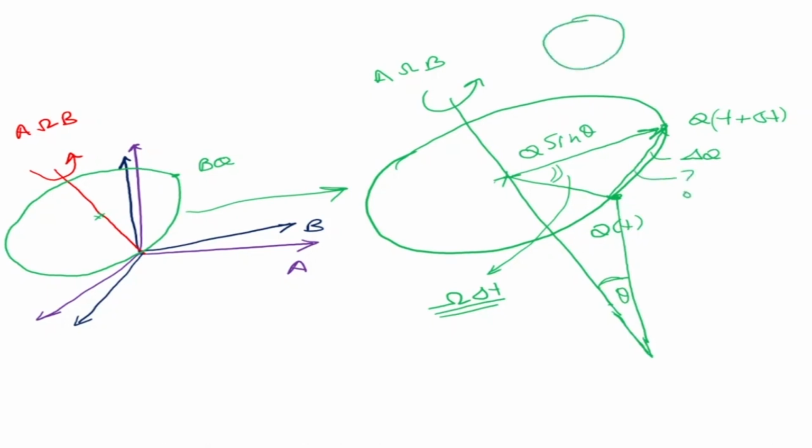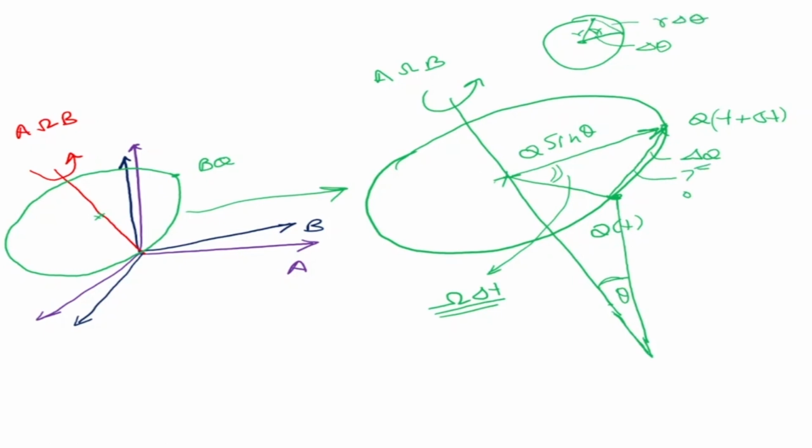We know that for a circle, if this is my r and this is my small angle del theta, then this arc distance is equal to r into del theta. That's what we are doing out here.